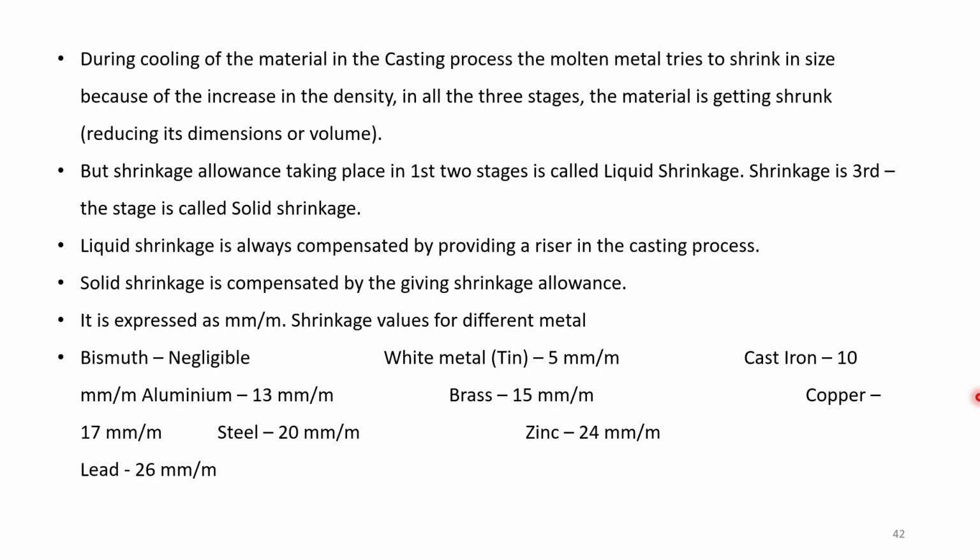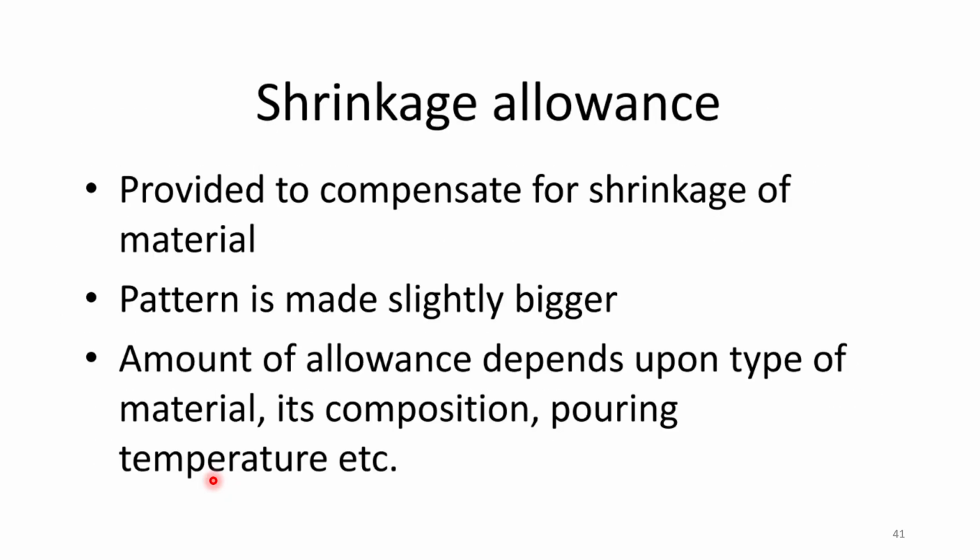For lead it will be higher compared to bismuth and other materials. It will also depend on the composition of the final product, and on the pouring temperature. From the pouring temperature to the solidification temperature, the density will vary. That's why you need to decide allowance based on that.